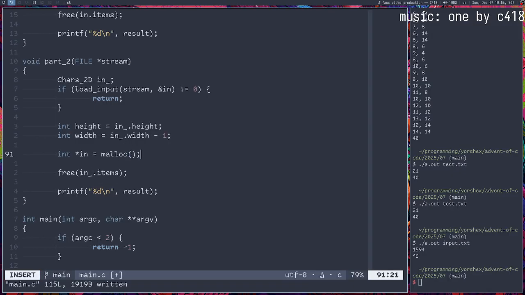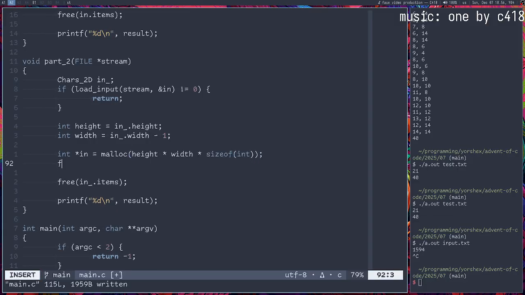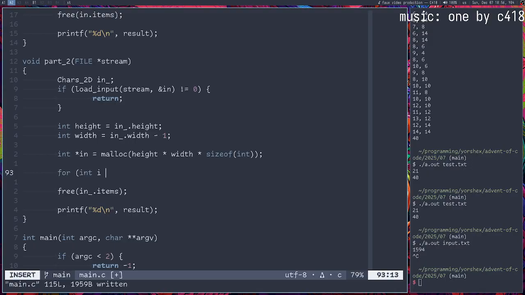And I'm gonna malloc height multiplied by width integers in here. I is less than height. Oh wait, no. I need to do like a yx thing. Y is less than height. Y plus plus.